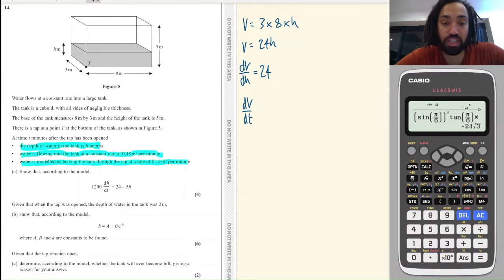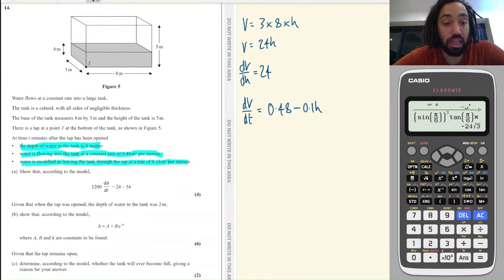It's how something is changing with respect to time, and we're looking at the water coming in, so that's the volume of the water. Okay, so what is that then? Well, it's positive, something's coming into the tank, 0.48, and there's something leaving the tank, so that's going to be negative 0.1 h.